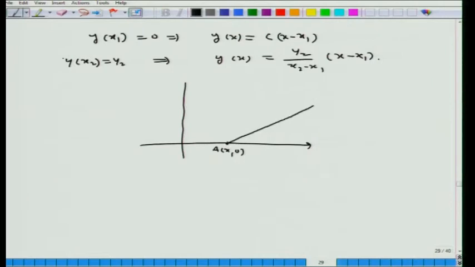This is x2 here, and this is B, (x2, y2). And P, which is y prime on this extremal, is y2 over (x2 minus x1), which is positive by our assumption that y2 is positive and x2 is greater than x1. So there are other extremals going like this in the neighborhood of this.